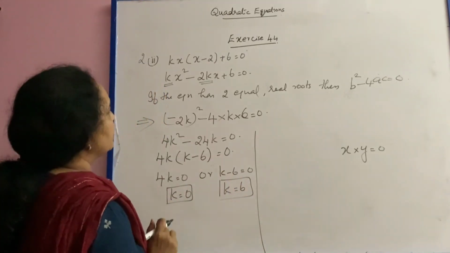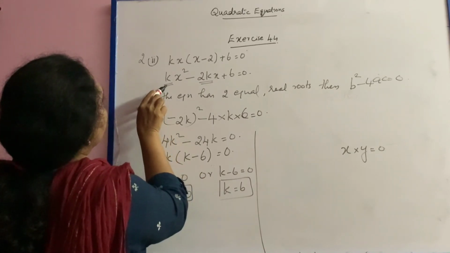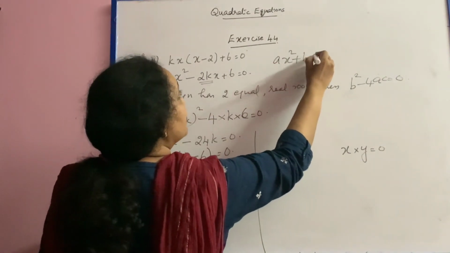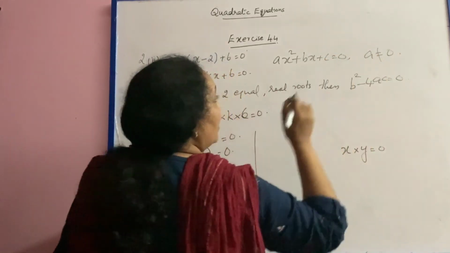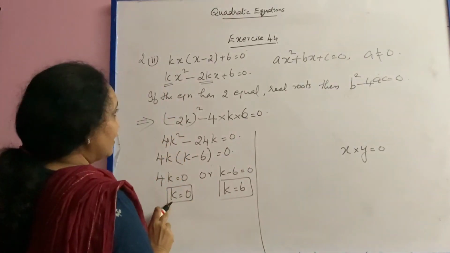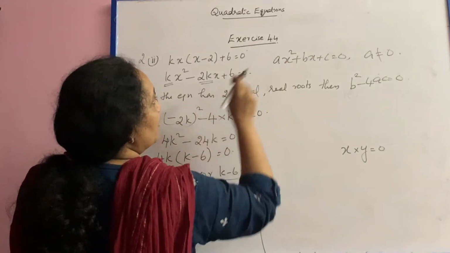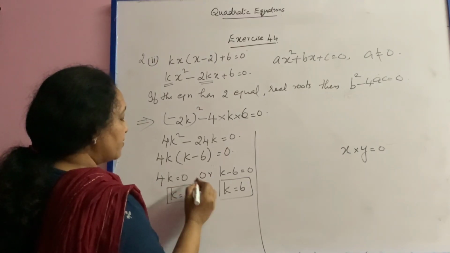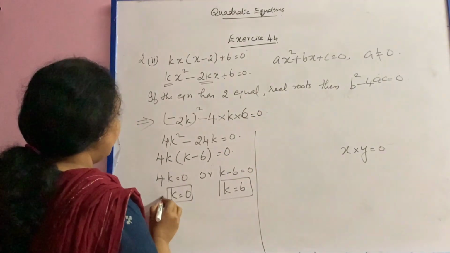But look here, k is equal to 0. In the general form ax square plus bx plus c is equal to 0, a should not be equal to 0. Here the coefficient of x square would be 0, so you can ignore this because it does not suit that condition.